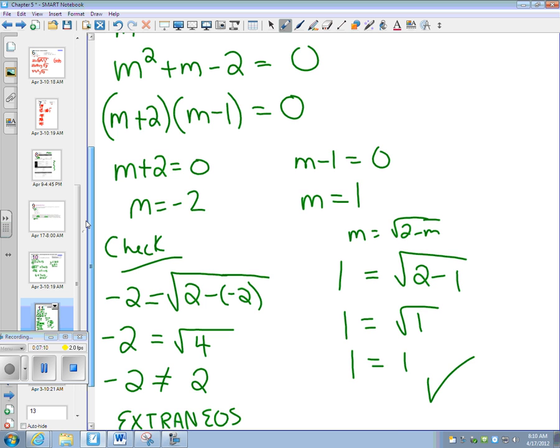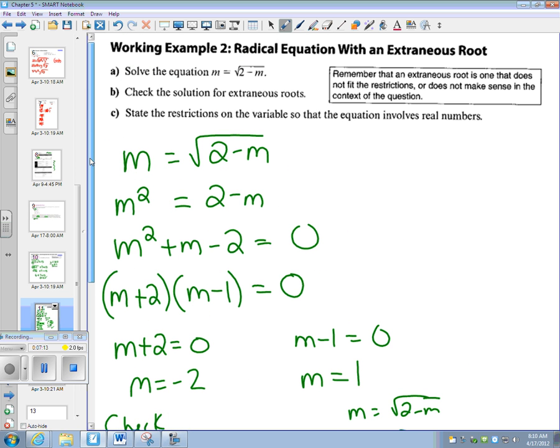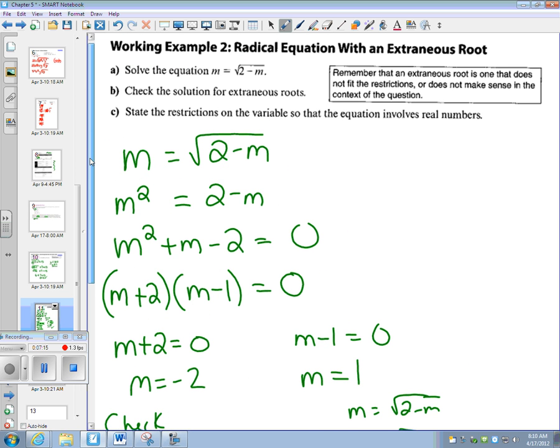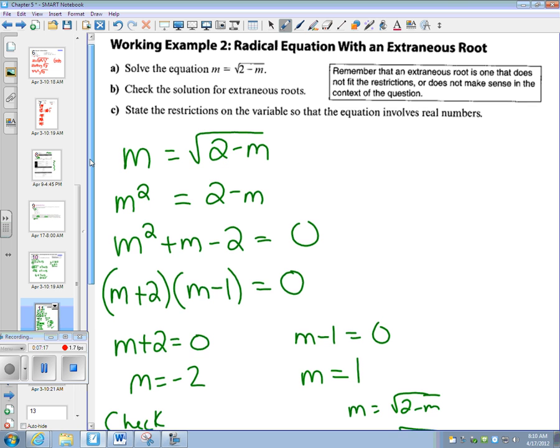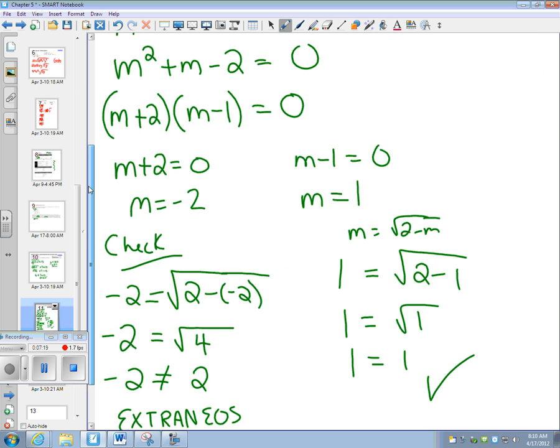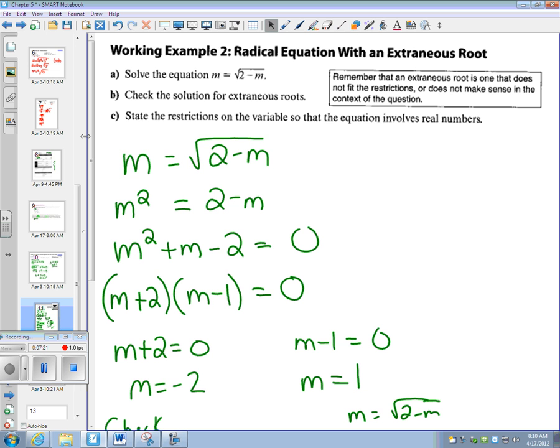Okay? Part C said state the restrictions on the variable so that the equation involves real numbers. Well, I'm going to do that right here in a different color so we can look at it. I know that the radicand must be greater than or equal to 0. So solving for this, I'm going to add m to both sides. I get 2 is greater than or equal to m, and then I'm just going to write the m first.